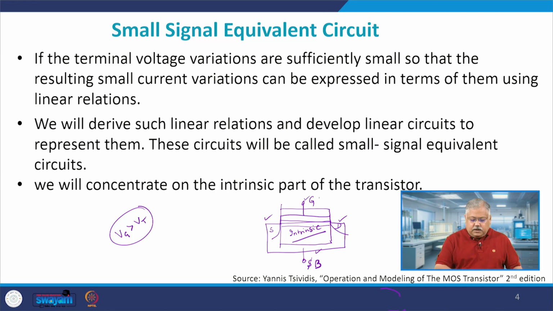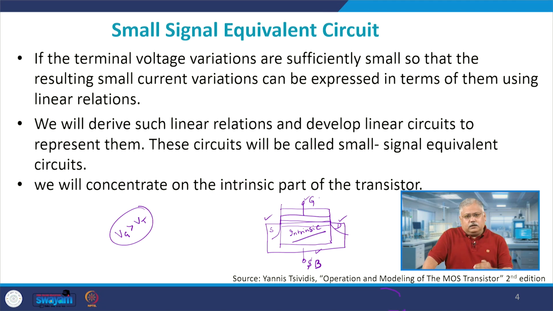Now, let me tell you how the intrinsic part differs from the extrinsic part. The extrinsic part will contain all the resistances and capacitances of the contacts. You have the gate metal contact, the source and drain metal contacts, and the bulk metal contact. All the resistance and capacitance modeling of these contacts will be extrinsic.